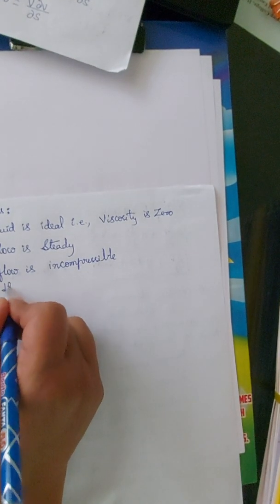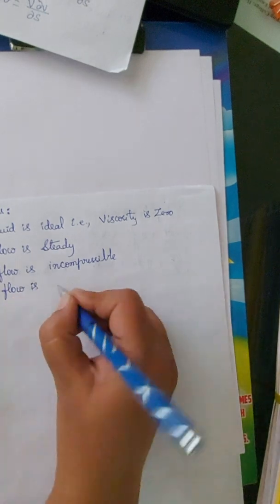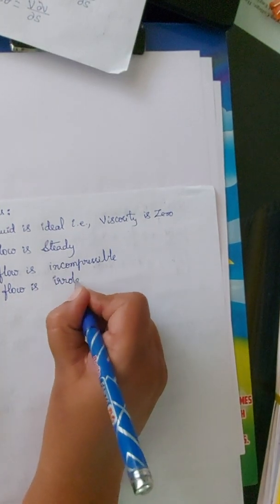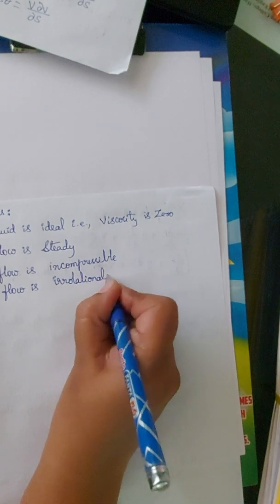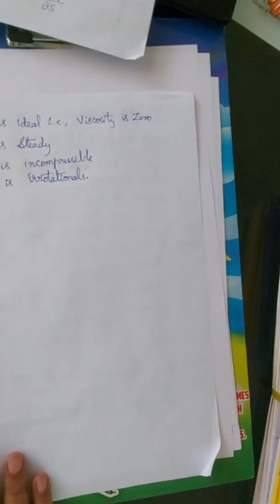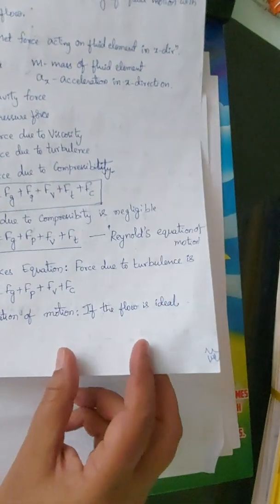The next one is the flow is irrotational. These four are the assumptions made while deriving this Bernoulli's equation. You may expect a question something like this: state Bernoulli's theorem for a steady flow of an incompressible fluid. Derive an expression for Bernoulli's equation from first principles. First principles means you have to start from Euler's equation.